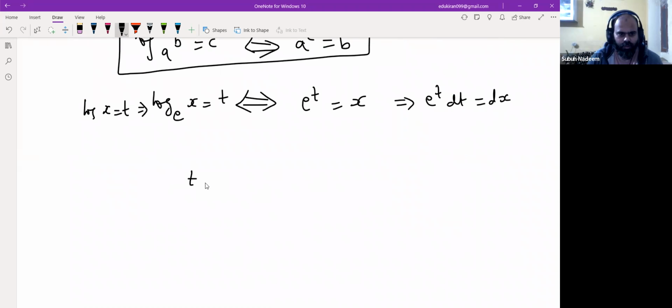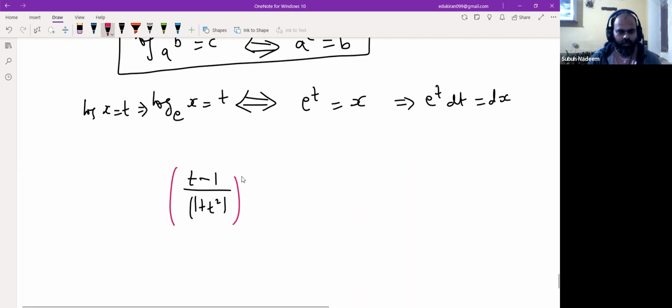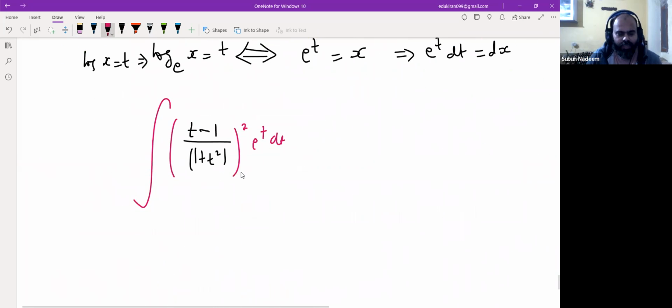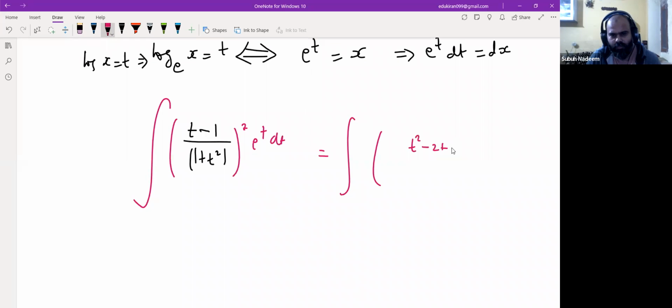Okay. And then I substituted. The first step that you are getting after substitution: t minus 1 by 1 plus t square, whole square, e to the power t dt. Then the next step: t square minus 2t plus 1 by 1 plus t square, whole square, e to the power t dt.